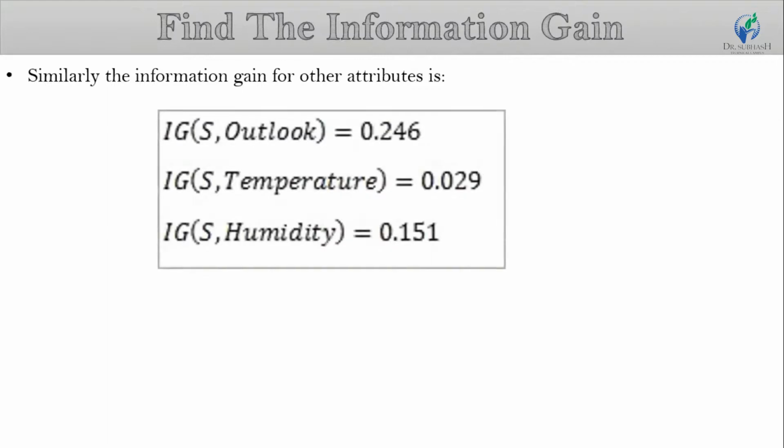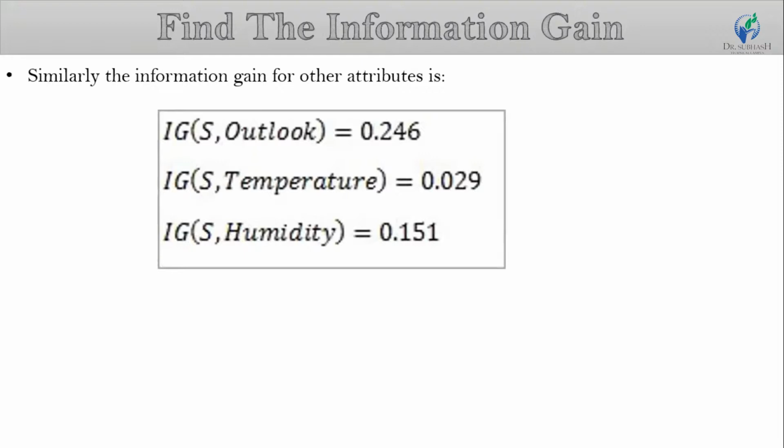Now similarly, the information gain for other attributes we have found out. So I have put here a final answer for outlook, temperature, and humidity. The information gain for the outlook is 0.246.